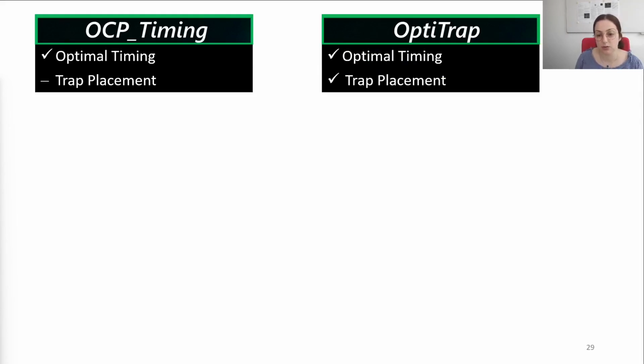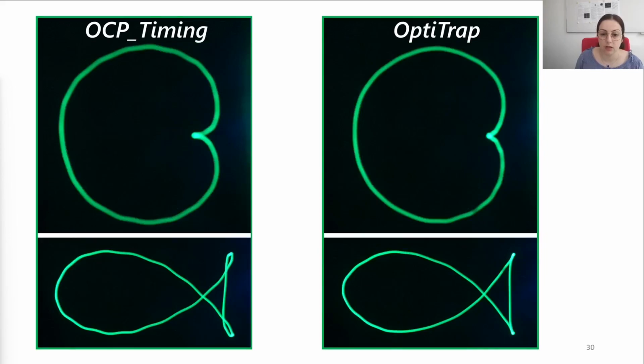This helps us to investigate the importance of this portion of the algorithm for the end result. We compare the reconstruction accuracy with both approaches using optical motion capture. And we obtain a 21.3% decrease in the root mean square error normalized by the total length of the path for the cardioid and 60.5% for the fish.